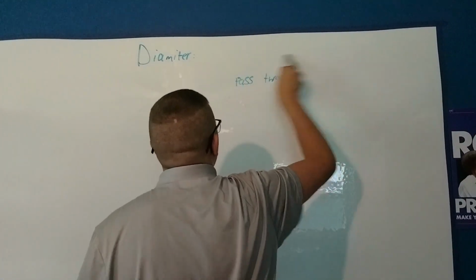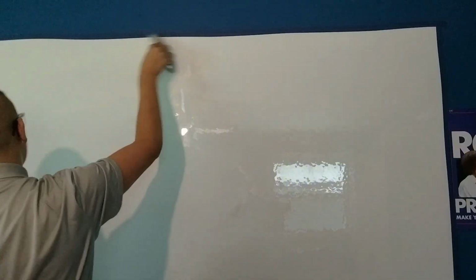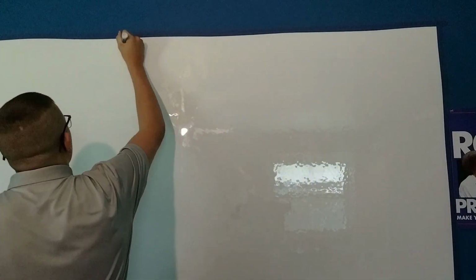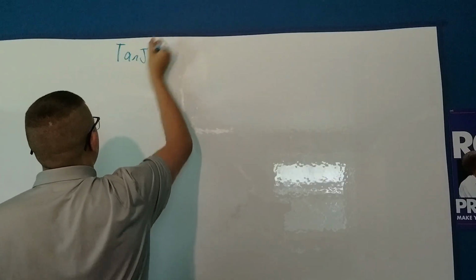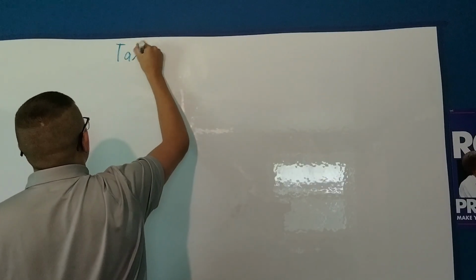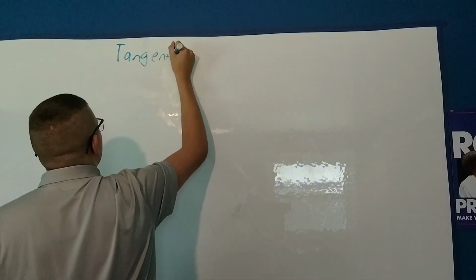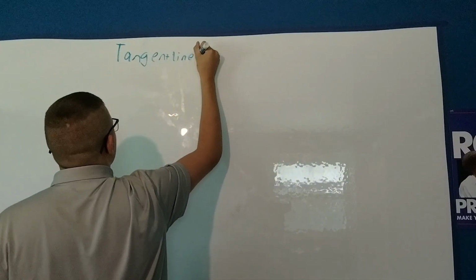And then tangent and secant lines. I don't know if it's a J, it's a G, I'm sure. Tangent line.